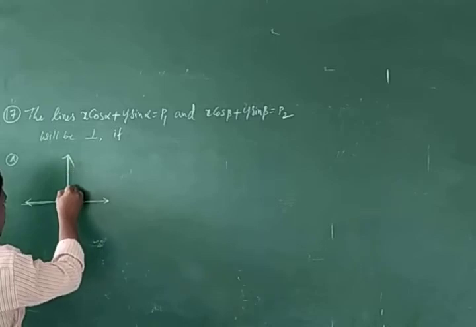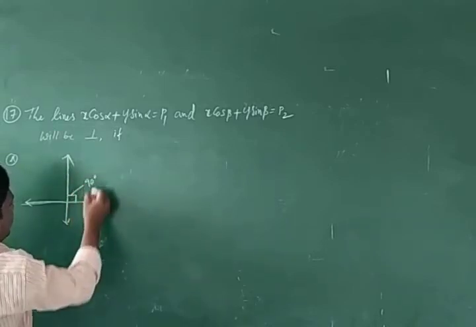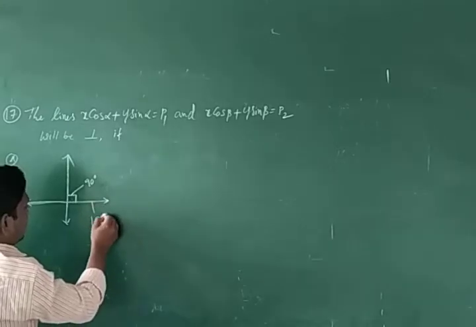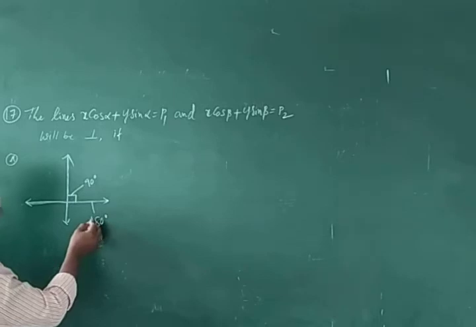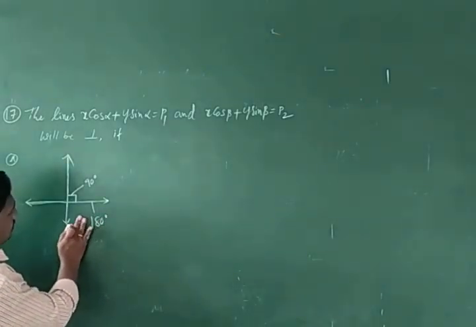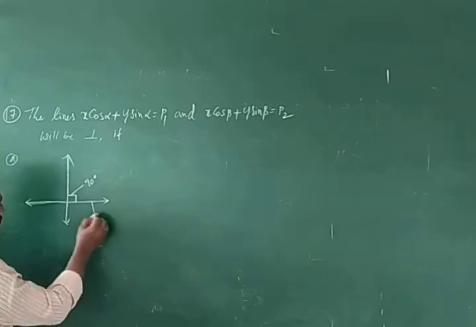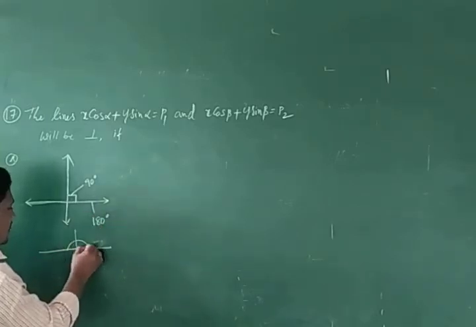Here 90 degrees is formed, and the angle on a straight line is 180 degrees.